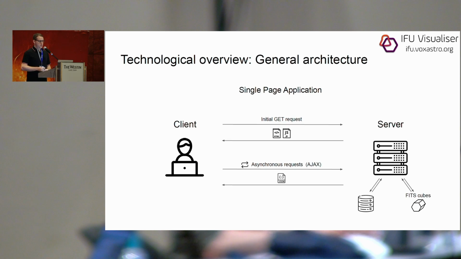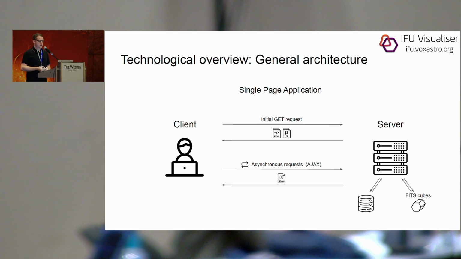And let's go now through the technologies which we used in this visualizer. First of all, our web application is a single-page application. It means that upon the initial request, the server returns basic HTML and a JavaScript bundle, and then everything you see on the screen is controlled by JavaScript, making your user experience very smooth, because you do not need to re-render HTML.